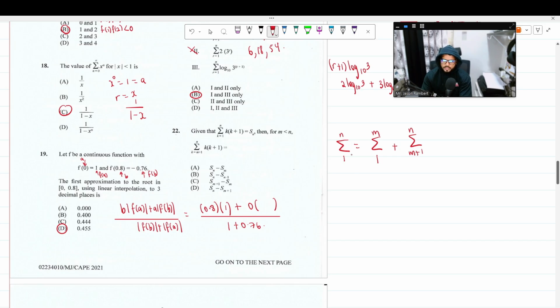So based on this, the summation from 1 to n is represented by S sub n. The summation from 1 to m will be S sub m. And plus m plus 1 to n, that is what we want. I don't really care what the expression is here. So rearrange. Sn take away Sm is going to be my answer. The answer for this one is A.